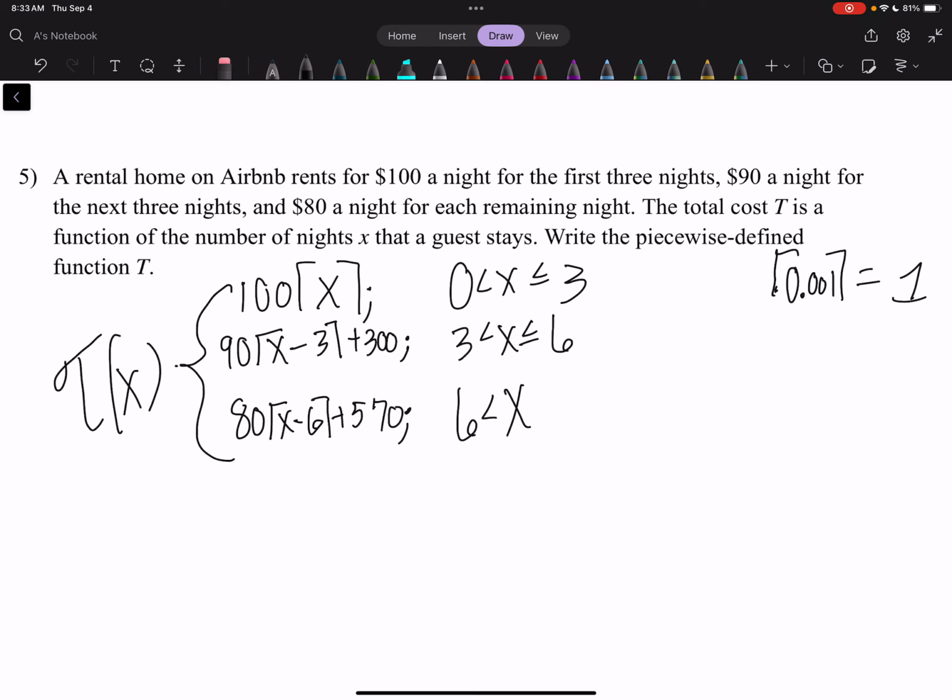Now, let's look at this in Desmos, and then I'll let you do your practice problems and be done for the day.